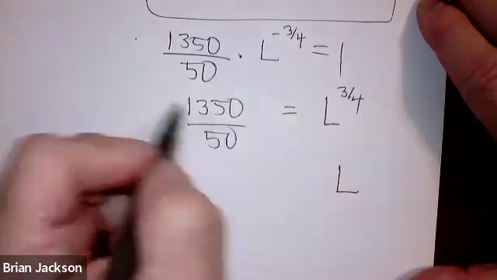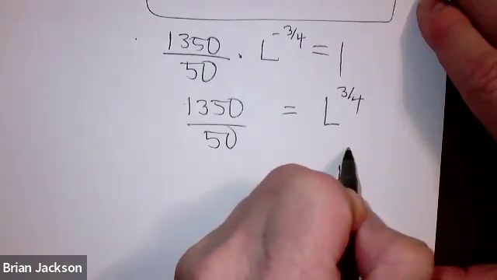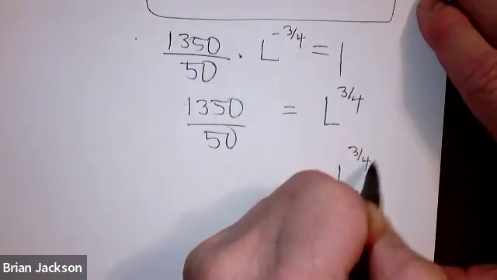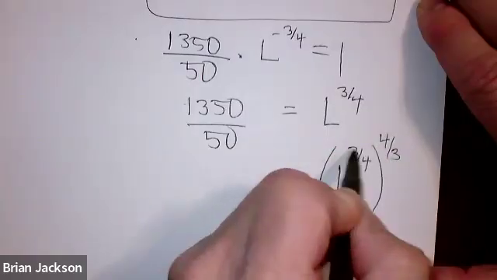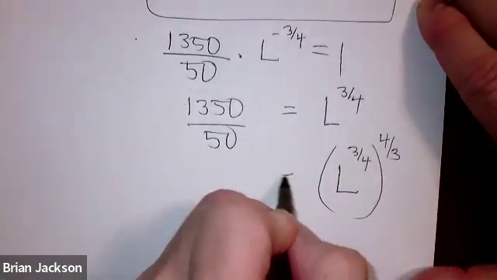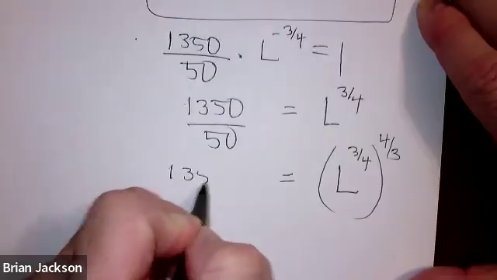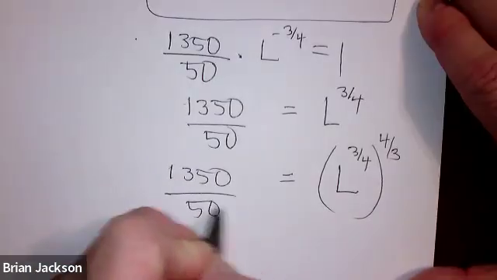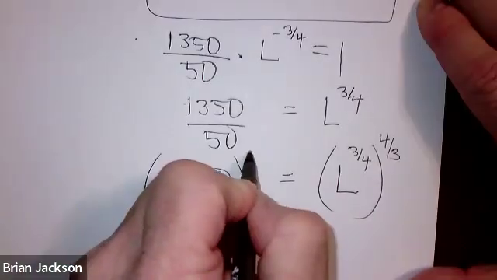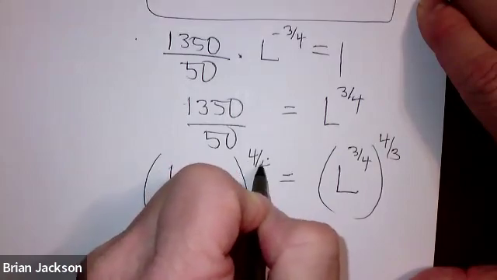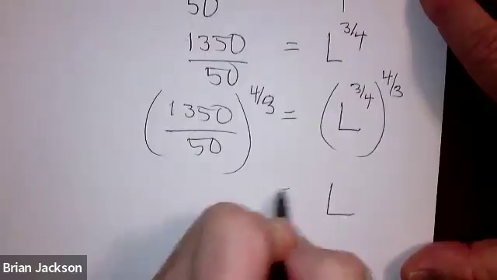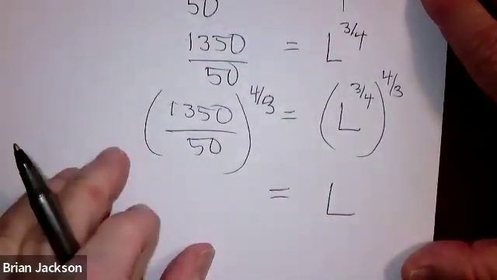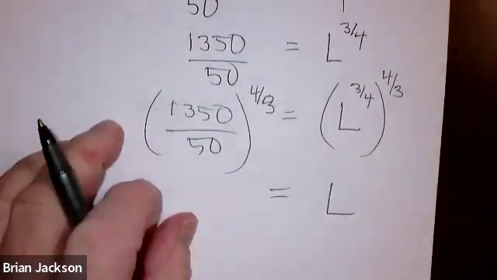Maybe you recall from school that you can get the first power by multiplying by the 4/3 power. 3/4 times 4/3 would be to the first power. So I want to take both sides to the 4/3 power. So L is equal to 1350 over 50, to the 4/3 power.